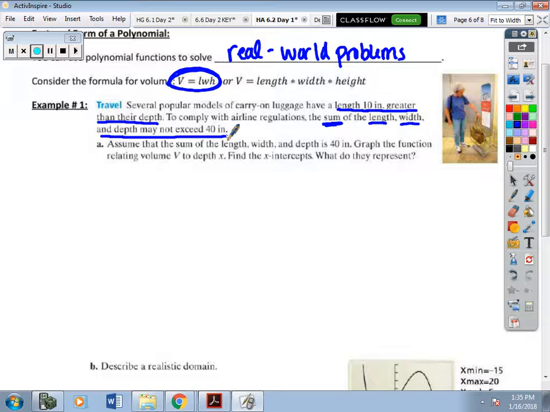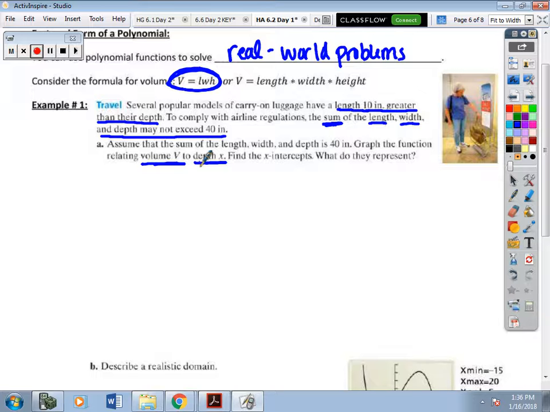Okay, so it can't exceed it, but we're going to assume that the sum of them will be exactly 40. So length plus width plus depth, they're calling it depth instead of height, is 40 inches. Graph the function relating volume to depth. Find the x-intercepts and what do they represent.